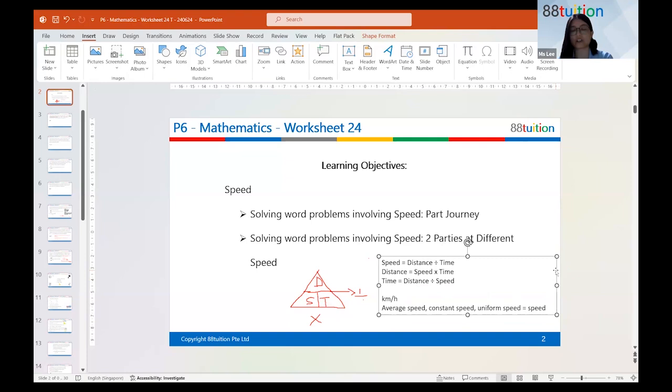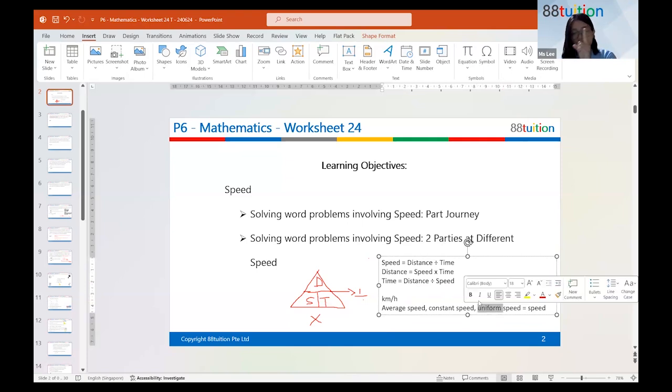Every minute it changes. But we can't use a changing speed to do a calculation, so we only give you one speed. To make it more relevant, they'll put in all these terms, but you just have to know that they all refer to the speed in the formula.